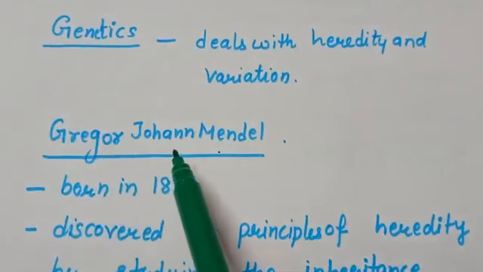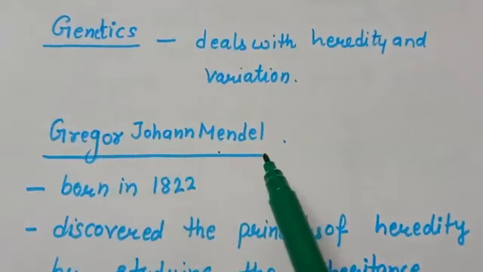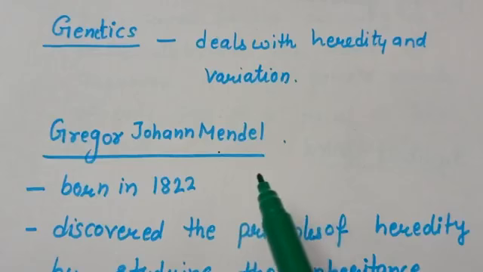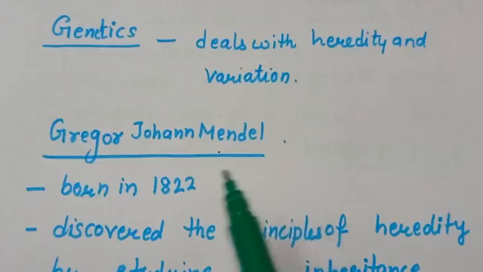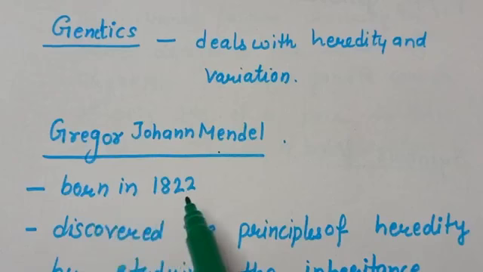Gregor Johann Mendel. He is known as the father of genetics because of the contributions he has given to genetics. He was born in 1822 in Europe in a farmer's family, and he was educated. He studied science and mathematics at the University of Vienna.